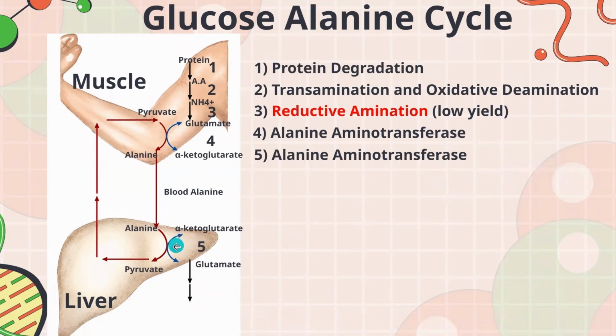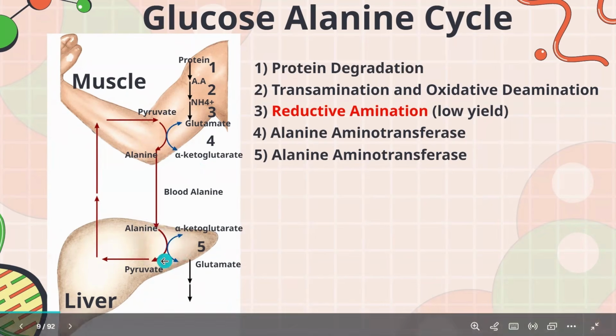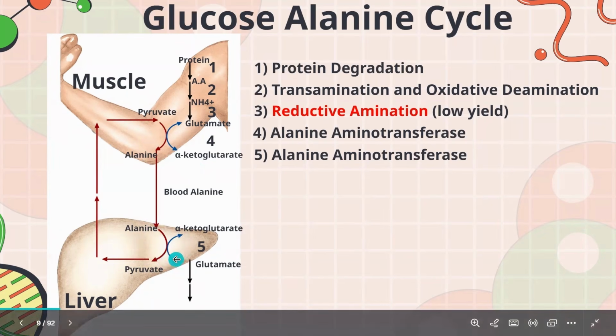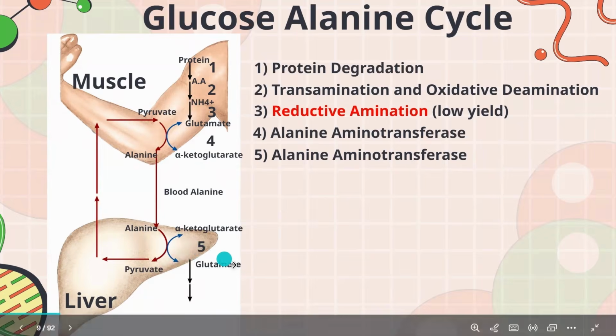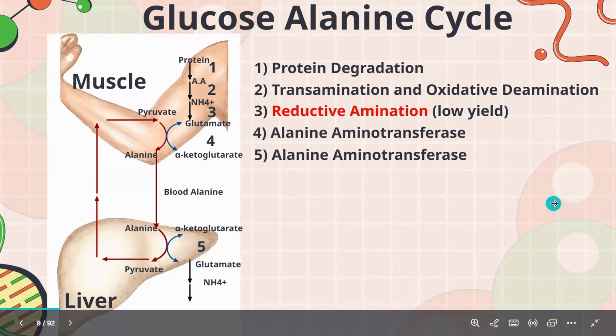The reason we do this is because alanine temporarily carries the ammonia in a safer form. So this is why we convert NH4 to glutamate, and glutamate to alanine: we want to carry the ammonia in a safe place. Eventually, when we arrive at the liver, it carries nitrogen in the form of glutamate. Then glutamate will form NH4 plus, and after that it goes to the urea cycle.